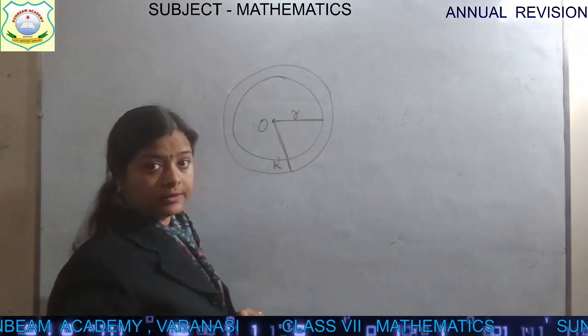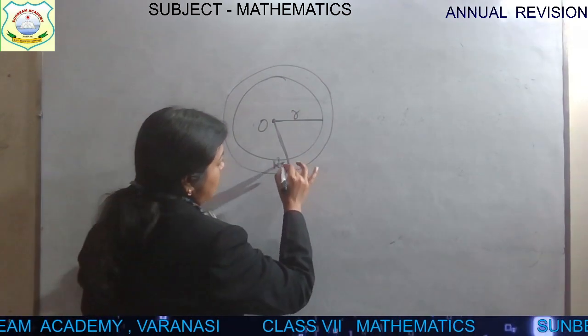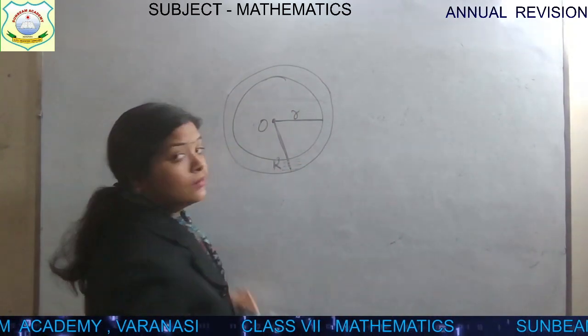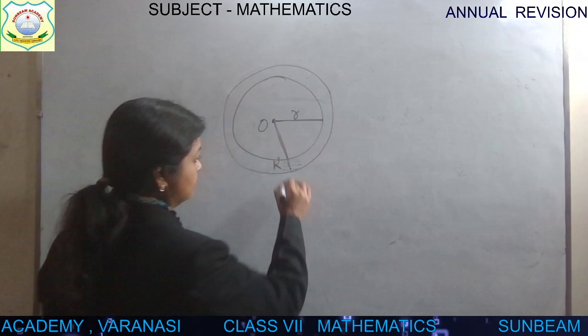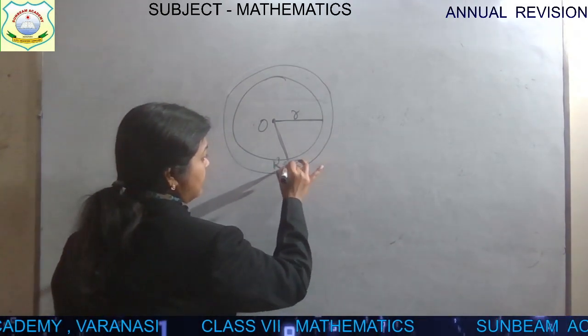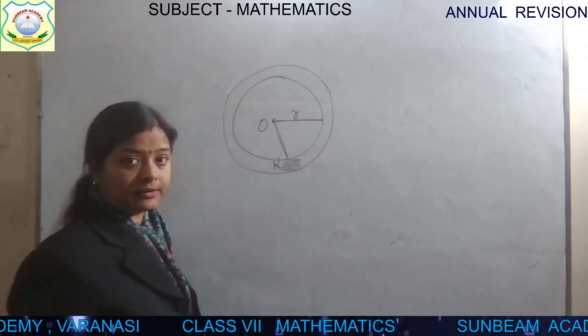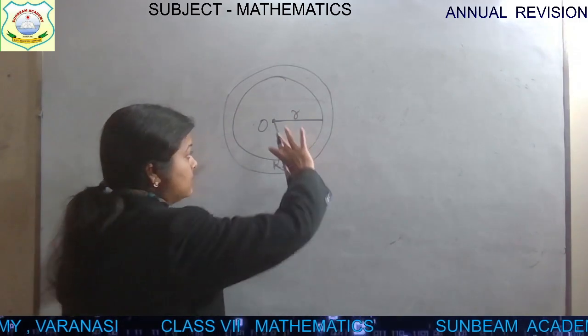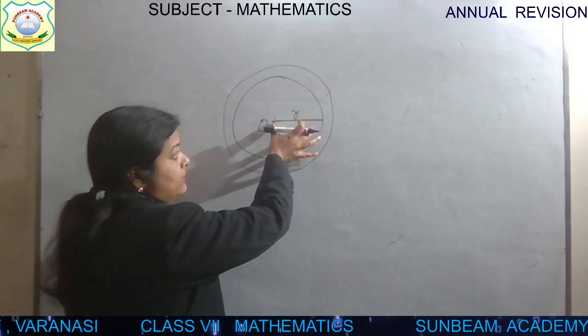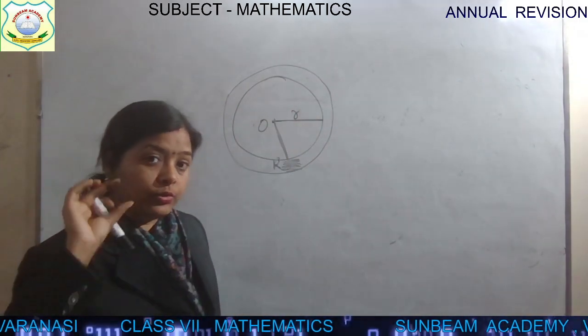Outer circle radius. So this will be called as width of the circle. ये width of the track. ये क्या कहलाएगा बेटा? Width of the track. And this is from the outer radius. You will subtract the inner radius. You will get the width.